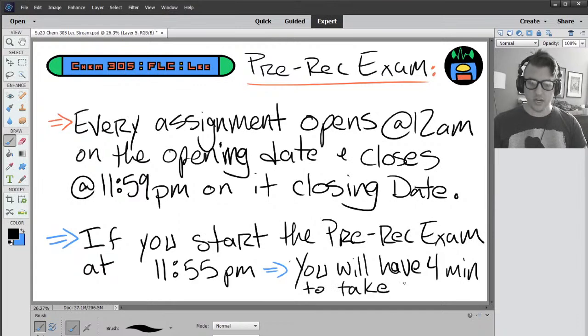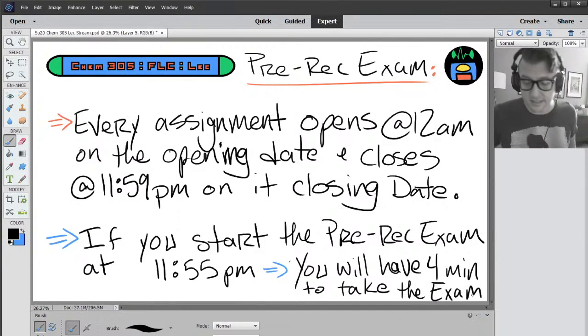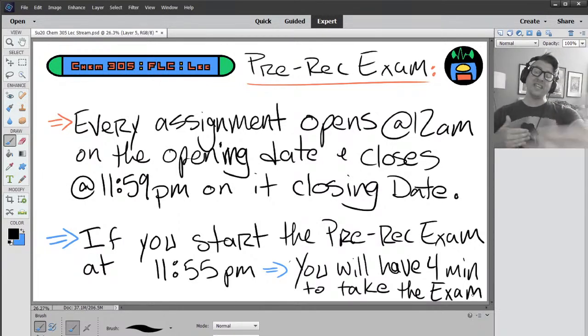No matter when you start it, the exam will close at 11:59. So the mindset is like, well, if I wait to the very end to start it, then I get 36 minutes beyond. That'll give me more time to study. It doesn't. It just gives you less time to take the test. So with every timed assignment in this class, make sure that you start it with enough time to finish it.